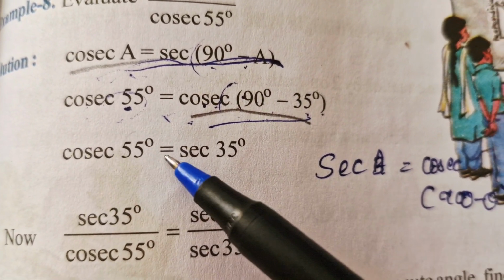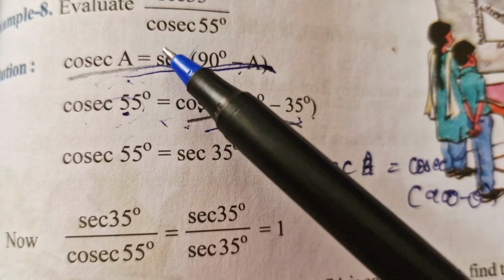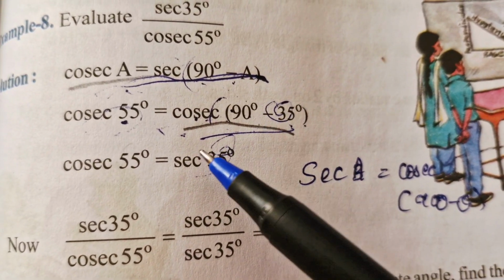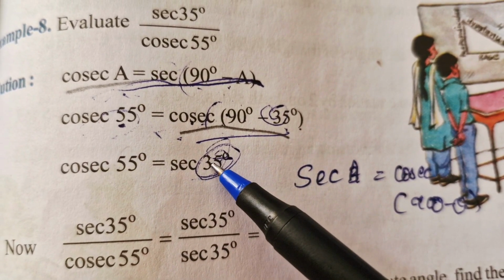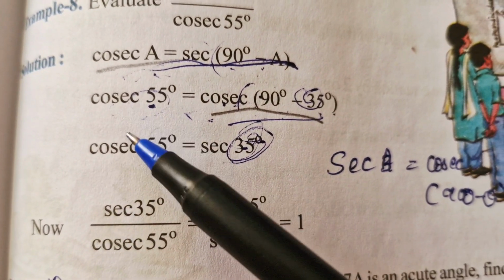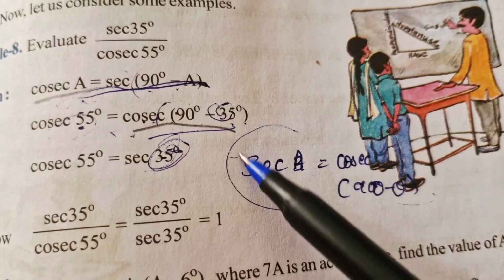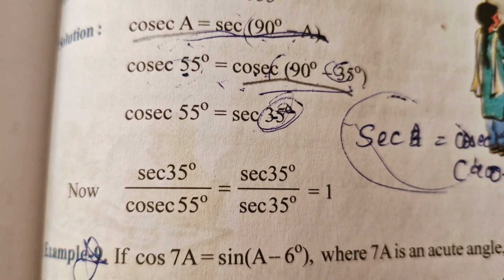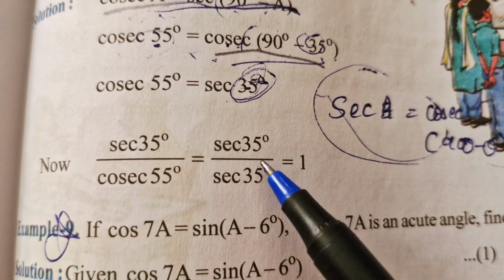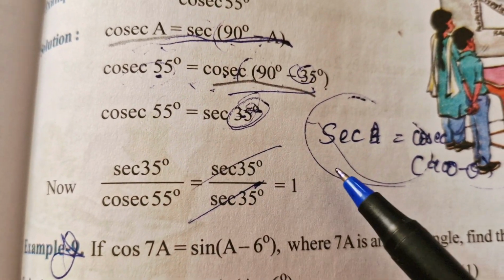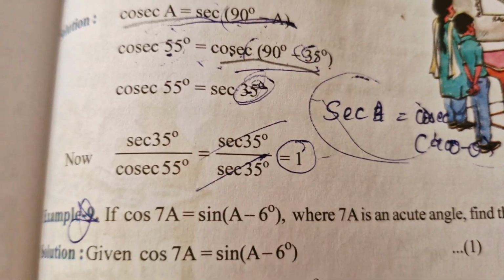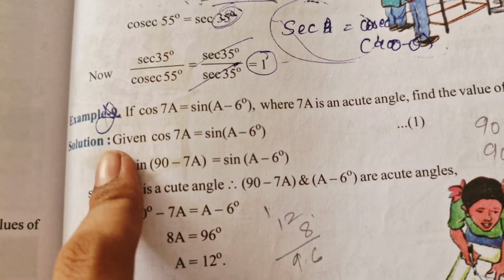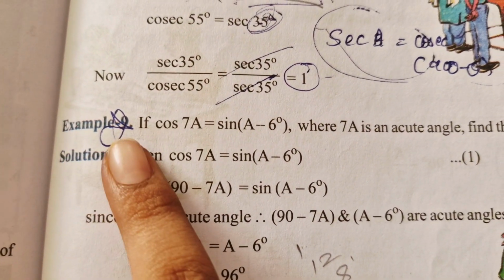So cosecant 55 is equal to, in place of A, secant 35. We have put the theta value here. We have used this identity over here. So secant 35 gets cancelled, and the answer is 1. It is simple to understand. You can do this in no time.